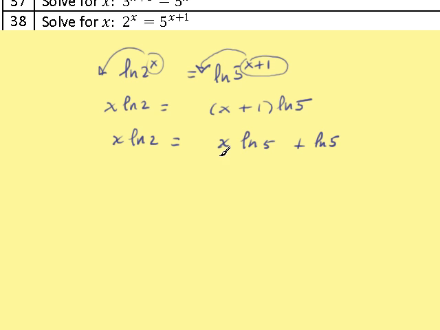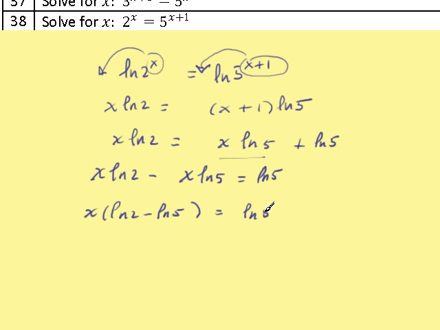Everything with x goes on one side, so I'm going to just subtract this from both sides. So on the left I have x ln 2 minus x ln 5 is equal to ln 5. Factor out x. And finally, we'll get x by itself by dividing by what's multiplying x. So x is equal to ln 5 divided by ln 2 minus ln 5.